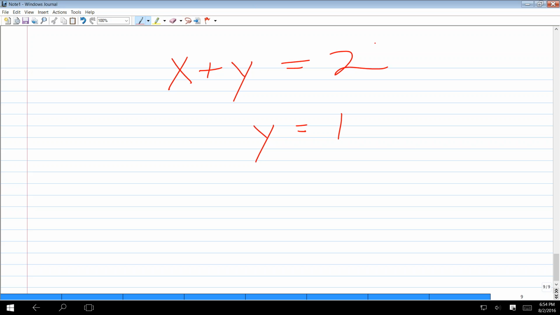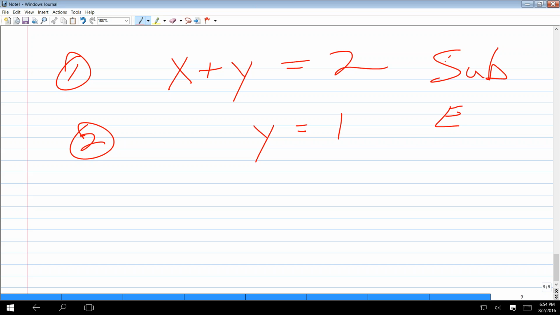Can you solve, in other words, I now have two equations. There's equation 1, there's equation 2. X equals 1, y equals 1. Right. And you solved it by substitution. There are two methods of solving multiple equations. One is substitution, the other is elimination.